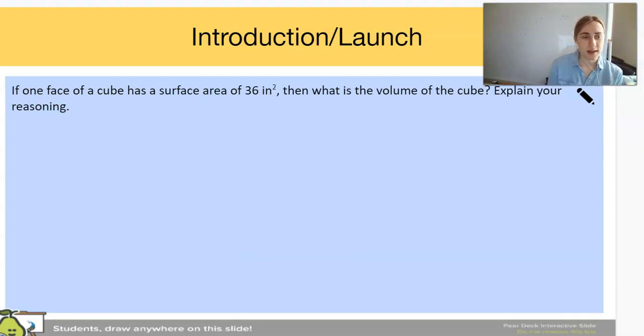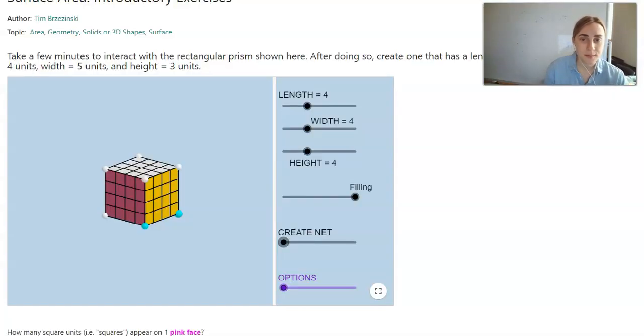Now that you've had some time to think through this question, let's go back to our app here. We are going to think about what is the connection between an edge, the surface area of a face, and the volume. I'll use my cube with an edge length of 4 as an example.